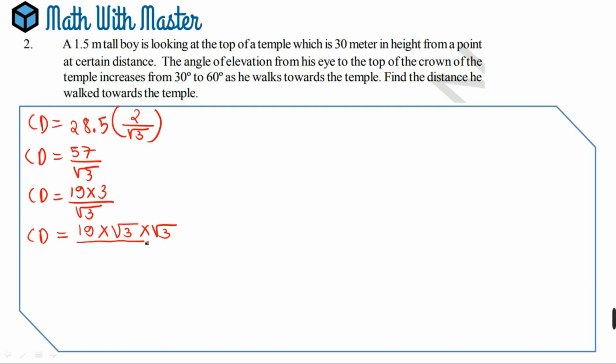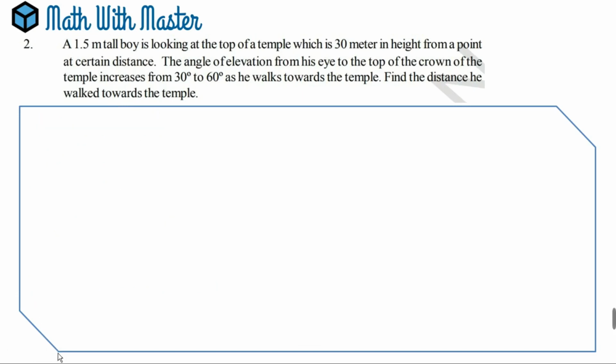So in the denominator we have root 3. This root 3 and root 3 will get cancelled, and the answer will come CD is equal to 19 root 3 meters. So this is the length which he walked towards the temple. So now we will move towards the next question.